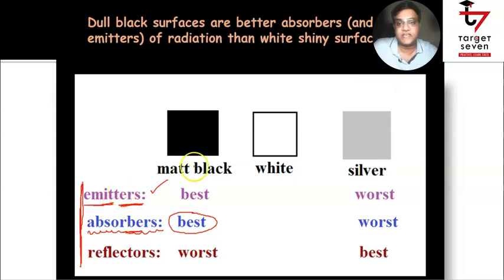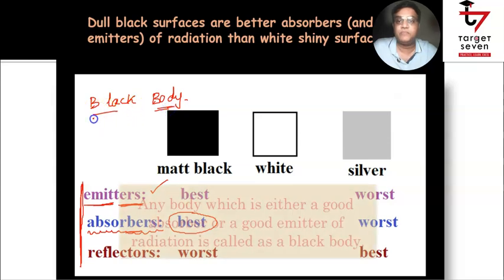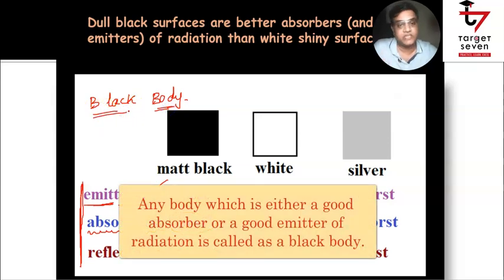Which goes on to say we have a condition for a black body. I'm not talking about a black hole, I'm talking about a black body. A black body is any body which is either a good absorber or a good emitter. A black hole can be considered as a black body because it is a good absorber.